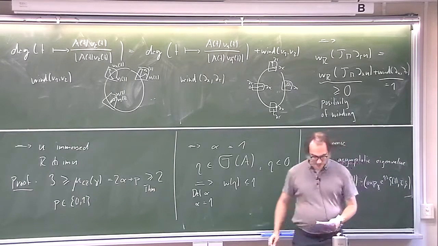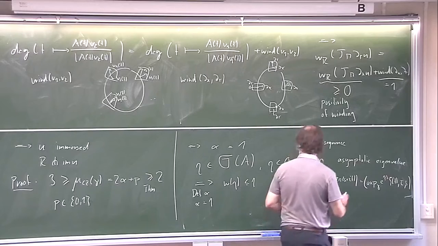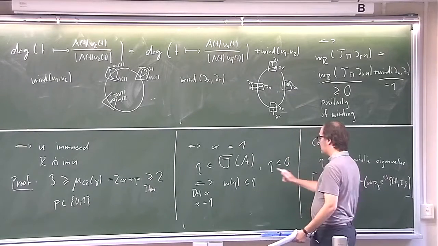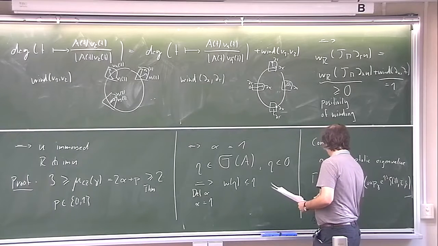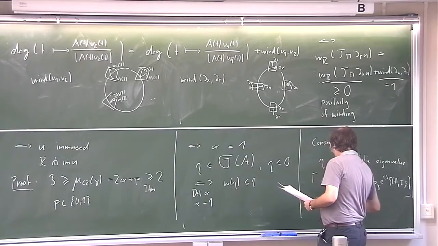Then of course, because this is negative, it has to be less than or equal to 1. So it follows that w eta is less than or equal to 1.